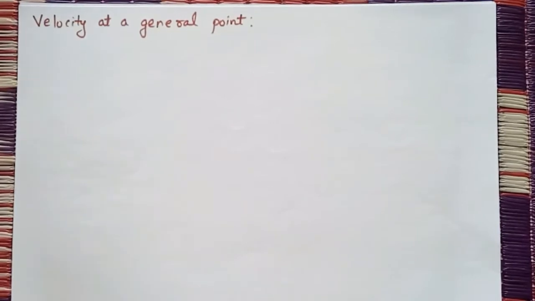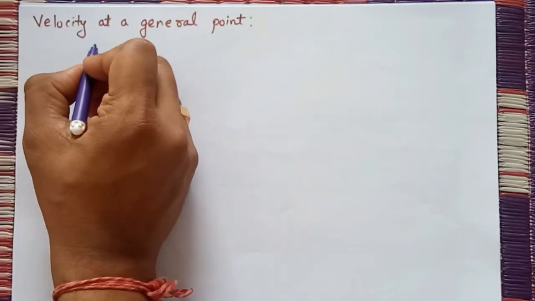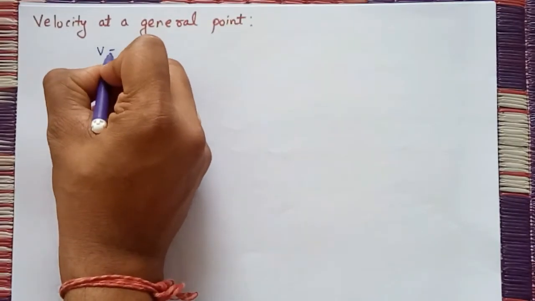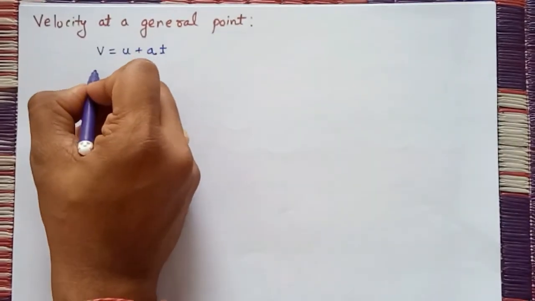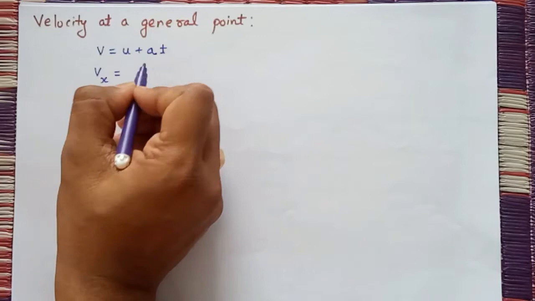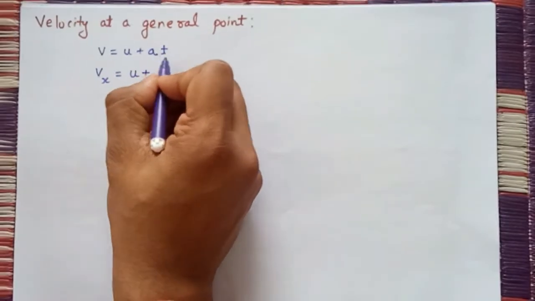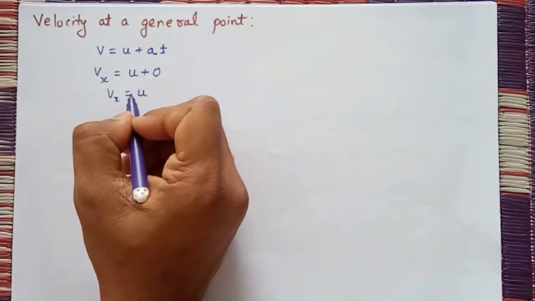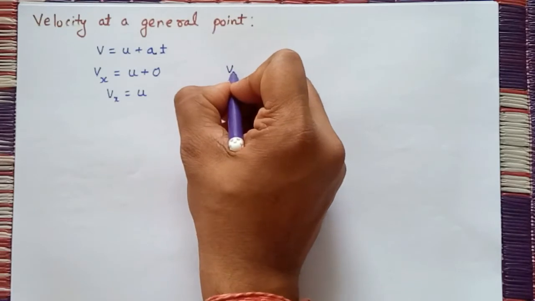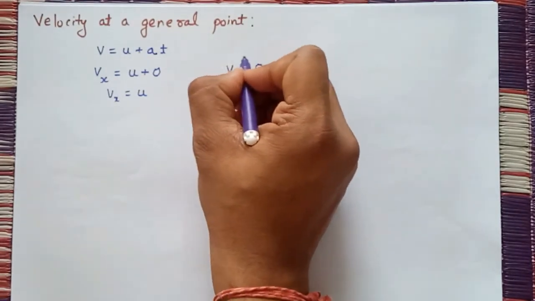Now we will find the velocity of the projectile at any general point. So we have two components of velocity. First one was horizontal. For horizontal, applying v = u + at, in the horizontal direction, I am taking it as x. What is the velocity in the horizontal direction? It was u. And what was the acceleration? It was 0. So vx will be equal to u only. Similarly, vy, vertical direction. In the vertical direction, initial speed was 0.